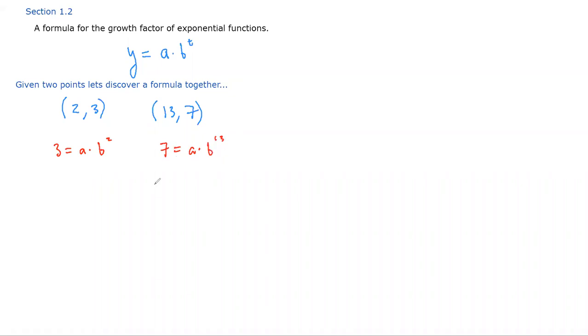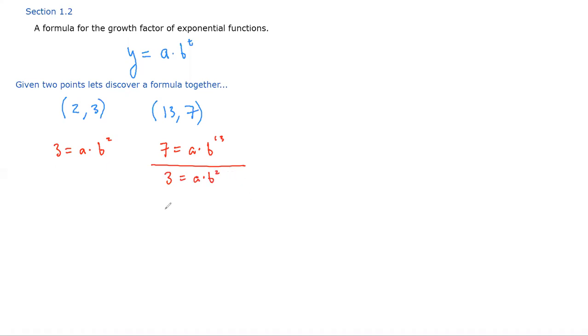So given these 2 equations, I can get rid of the a's by dividing one equation by the other. And while I don't really care which one I'm dividing by the first, I do like to make sure that my exponents are positive. And so I'm going to divide this equation with the 7 and the 13 by this other, 3 is equal to a times b to the second.